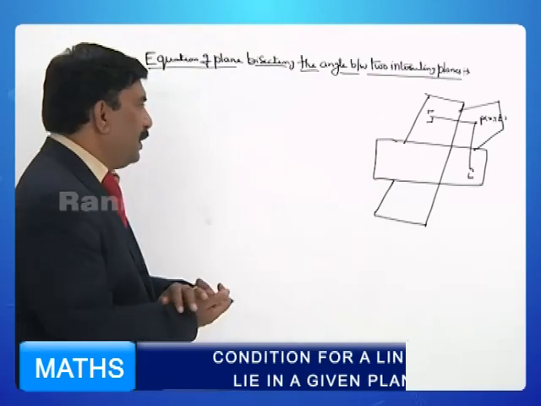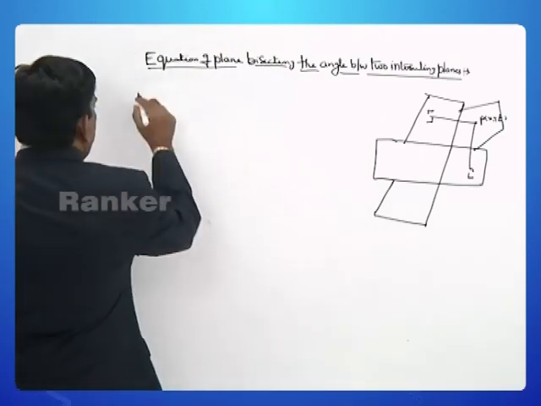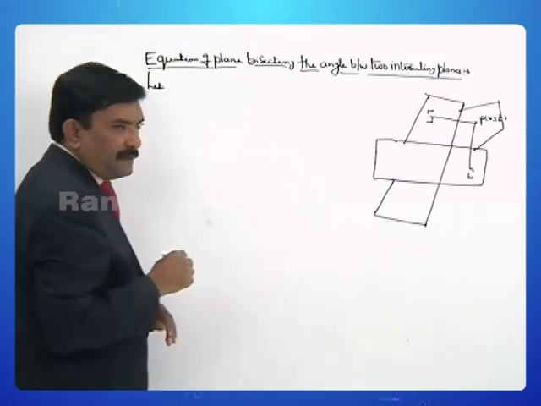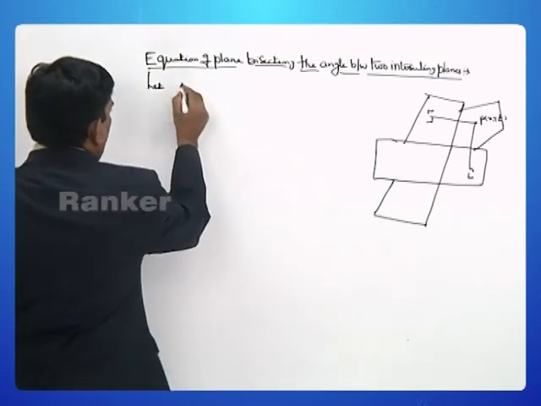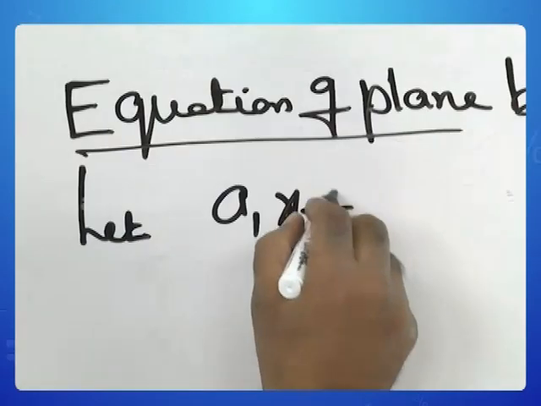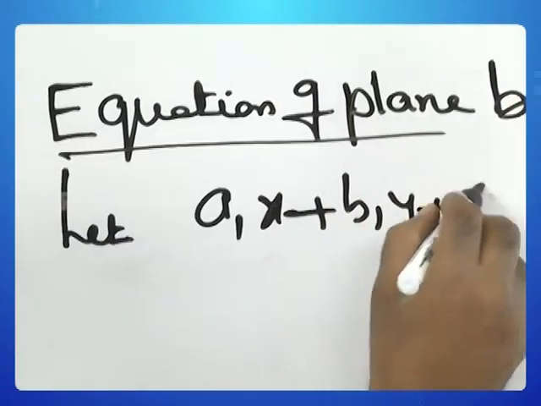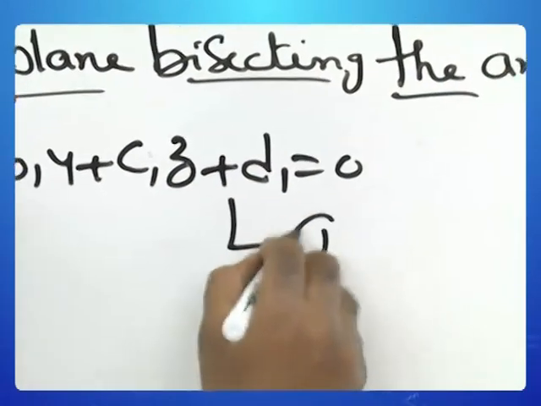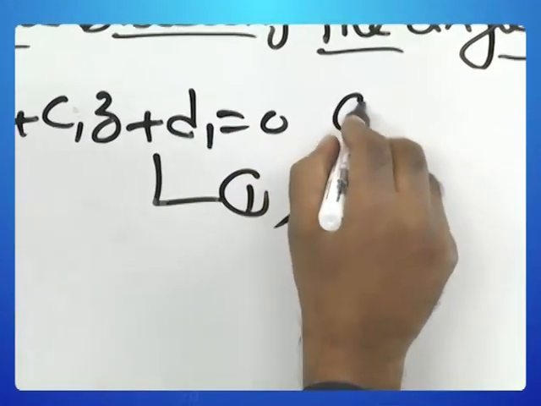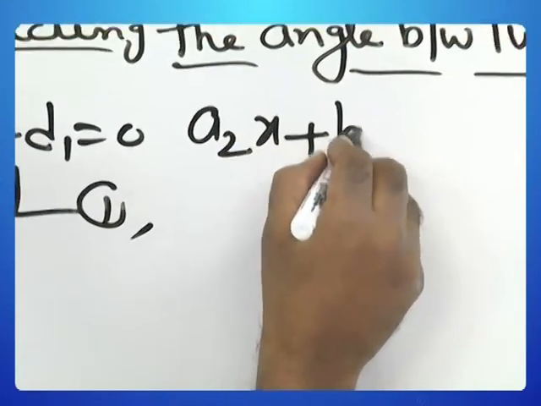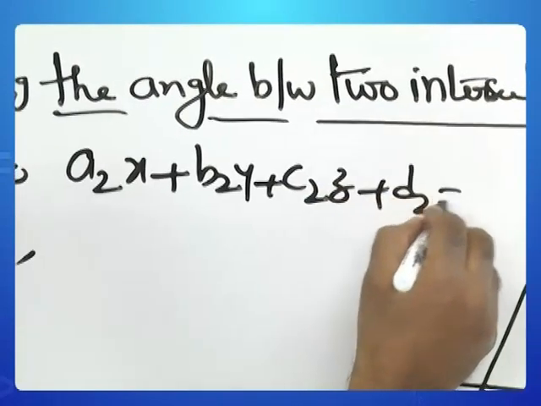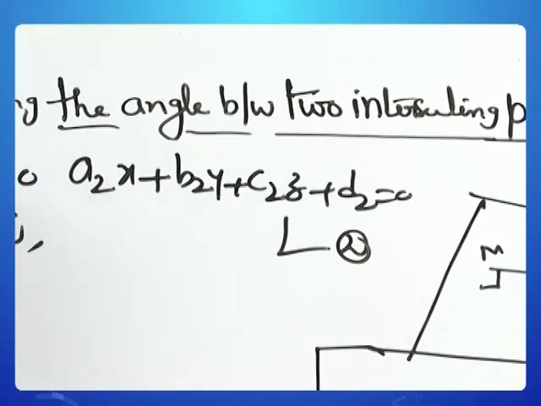So now what I do is, let a1x plus b1y plus c1z plus d1 is equal to 0, and a2x plus b2y plus c2z plus d2 is equal to 0, you call it as 2.